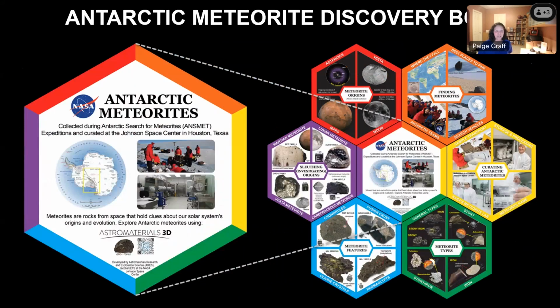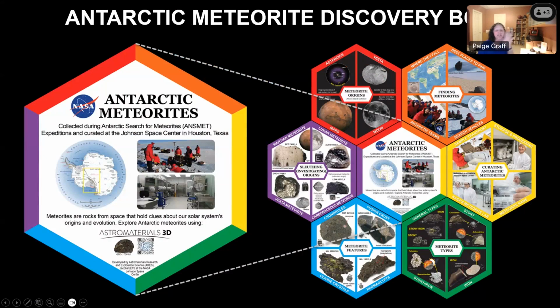But in the end, having this really nice pictorial view of our Antarctic Meteorite Discovery Board, you have a really neat way to be able to think about, oh, what are the origins of these? Oh, for asteroids and Vesta and the moon and Mars.